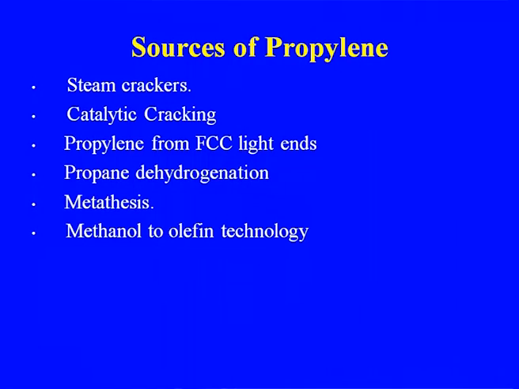Another source is metathesis, which is also one of the important developments in propylene manufacture. Then the last is methanol to olefin technology, which has come in a big way. A lot of research has been done on this technology, and now it has been commercialized in some countries, because of the availability of natural gas, especially with the coming of shale gas, or in the future the gas hydrate.